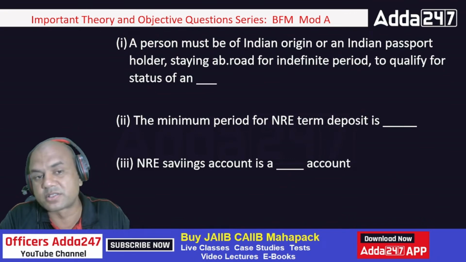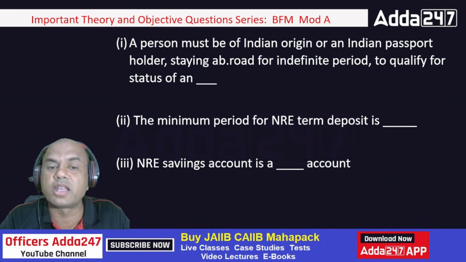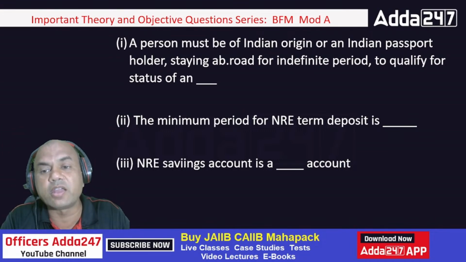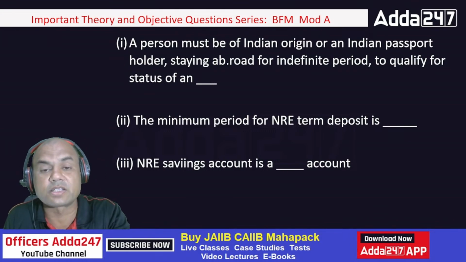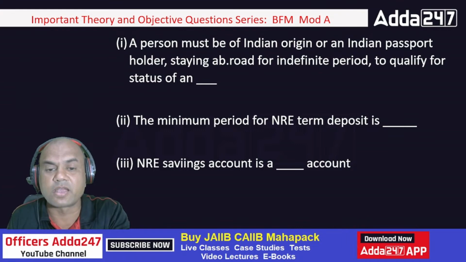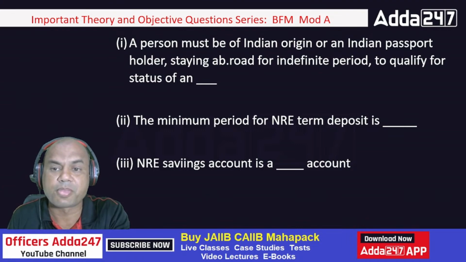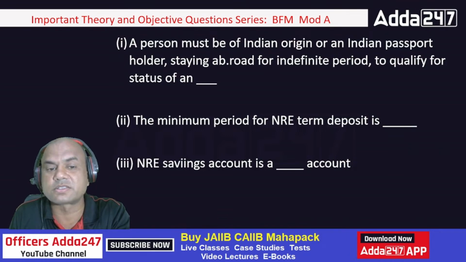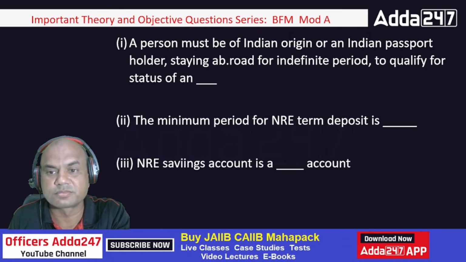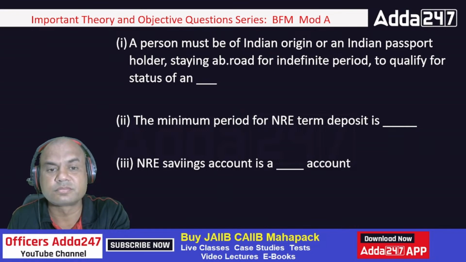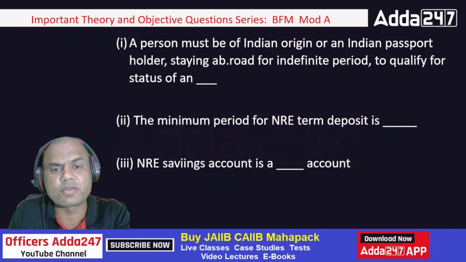Now, let's come to the questions. A person must be of Indian origin or Indian passport holder staying abroad for indefinite period to qualify for the status of what? Yeah, to qualify for the NRI, isn't it?